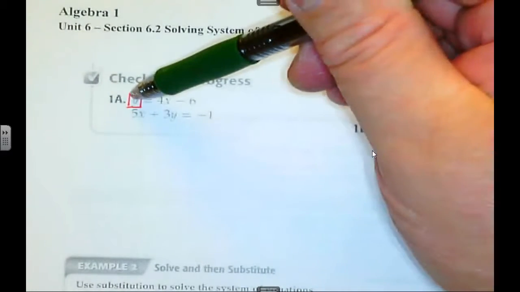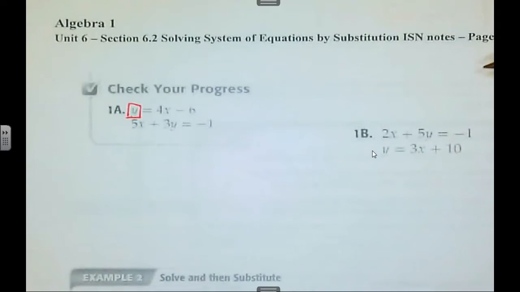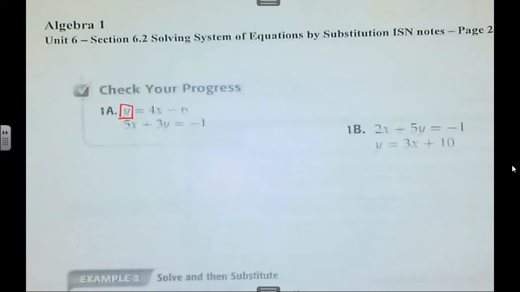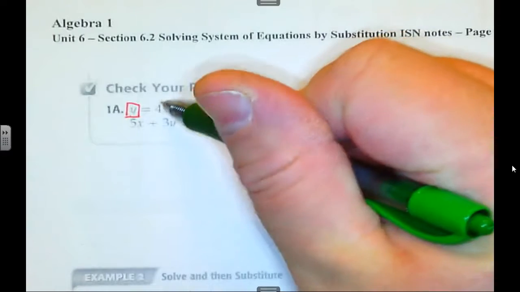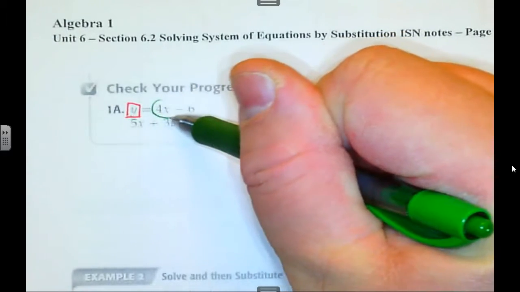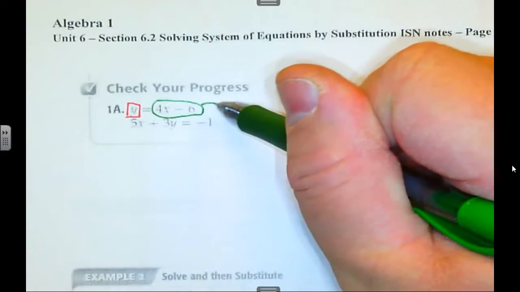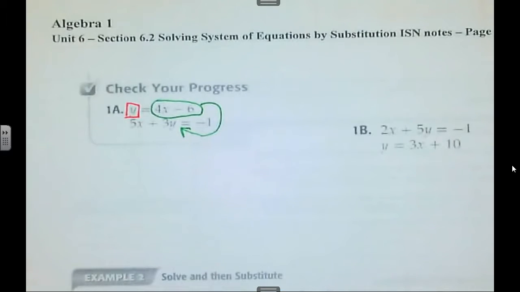So I have y equals 4x minus 6 for my first equation. My second equation, I have 5x plus 3y equals negative 1. Well, I know what y equals, so what I'm going to do is take what y equals and substitute it in wherever I see a y in the second equation.